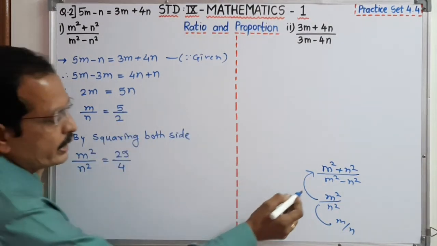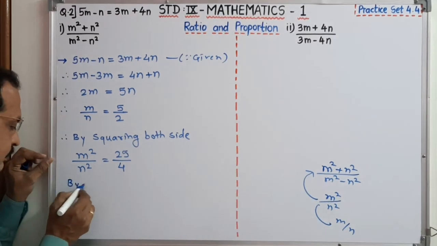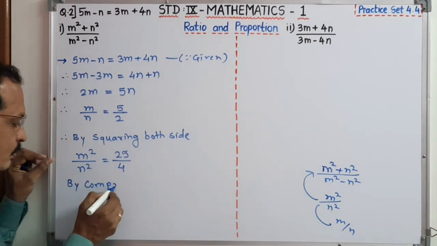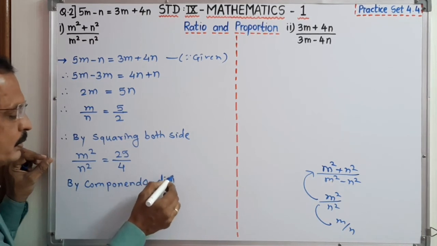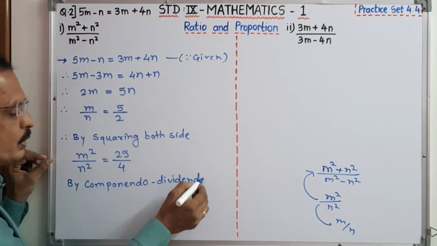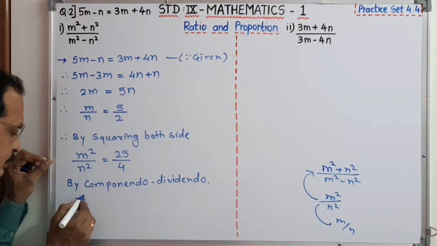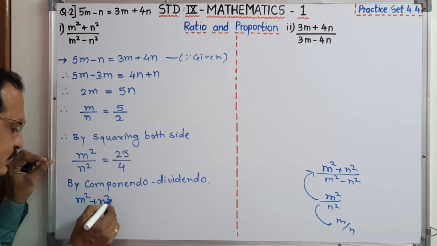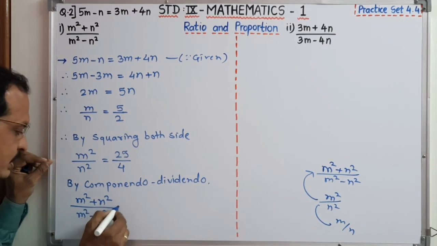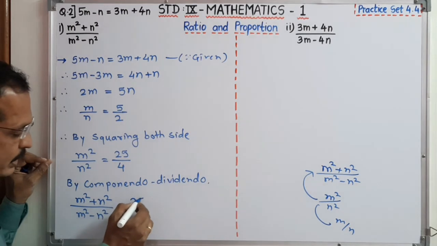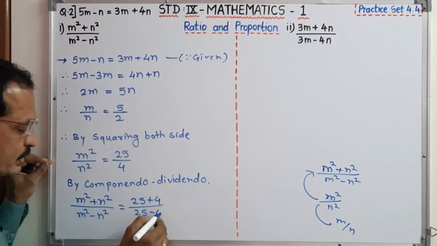Now we require this, and for that purpose what? By componendo dividendo. Here we have to apply componendo dividendo. Now see dear student, m square plus n square upon m square minus n square is equal to 25 plus 4 and 25 minus 4.